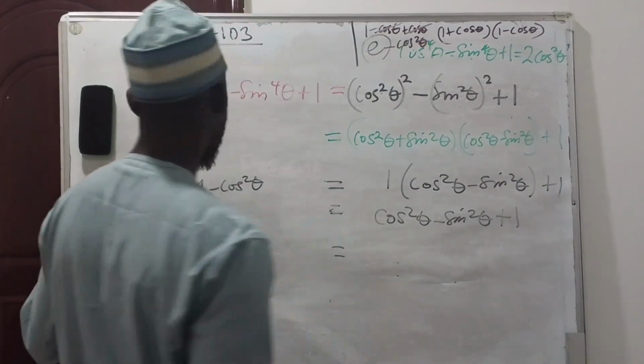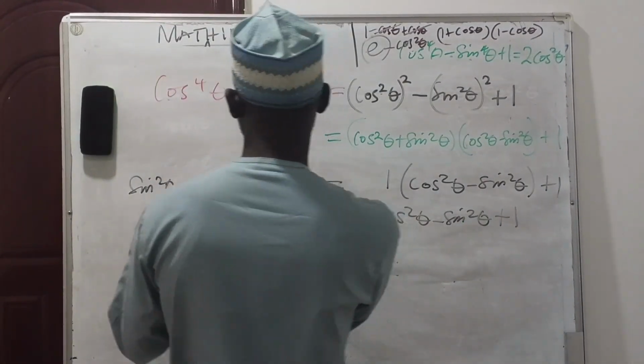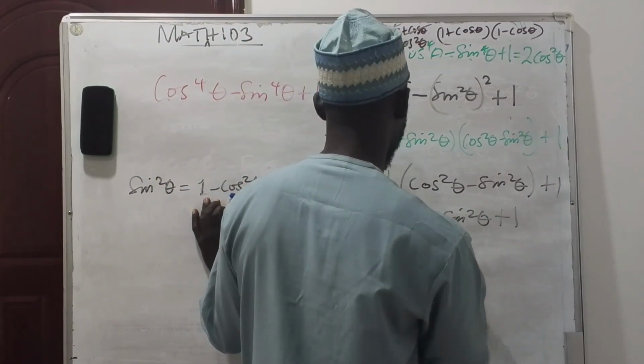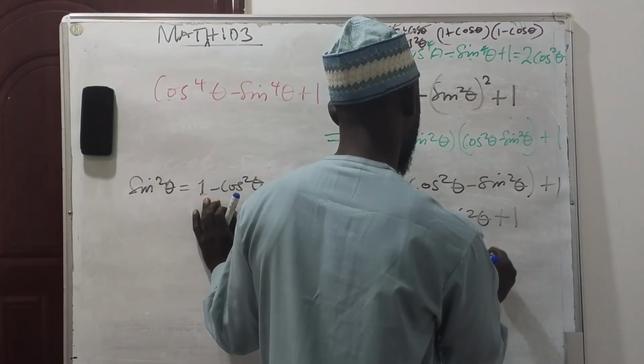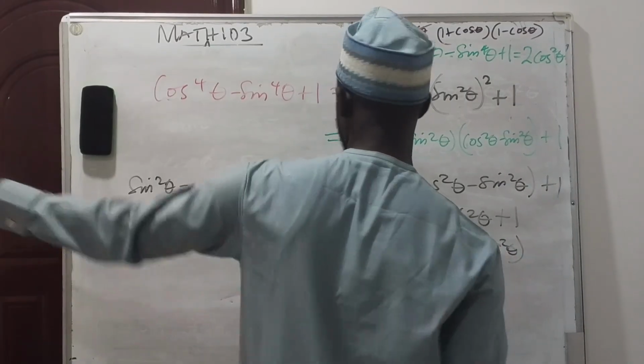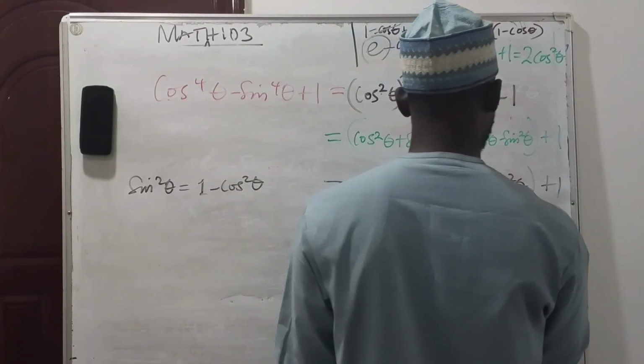So we replace sin square theta with 1 minus cos square theta. So I have cos square theta minus (1 minus cos square theta), plus 1.